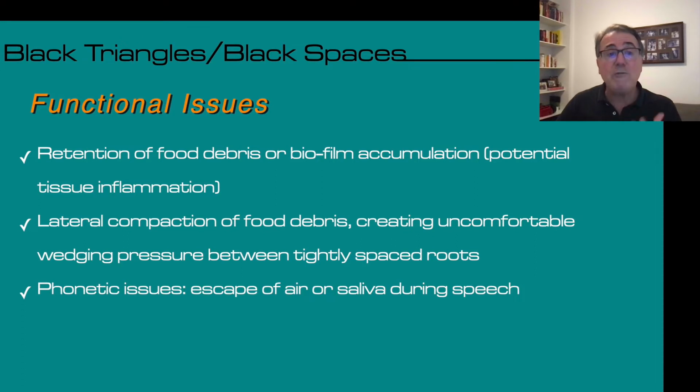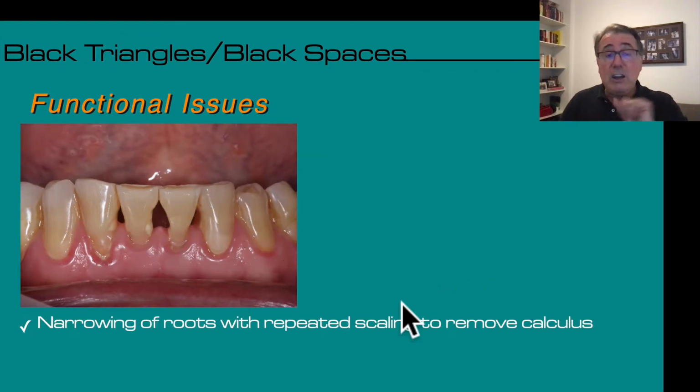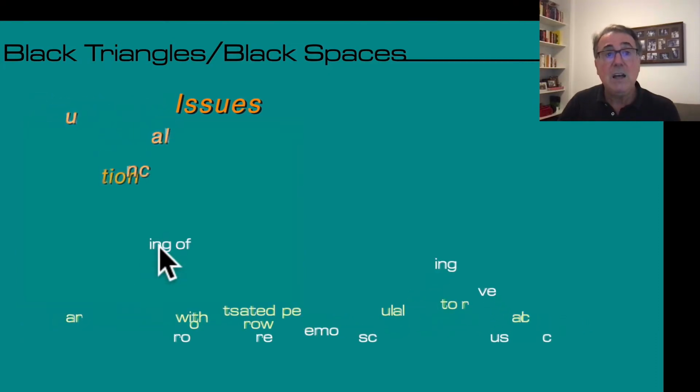There are also phonetic issues such as escape of air and or saliva during speech, which is very uncomfortable. You can also find narrowing of roots because of repeated scaling to remove the calculus that accumulates in this space. You find many times situations like this one here. You see how narrow the cervical area of these teeth are.